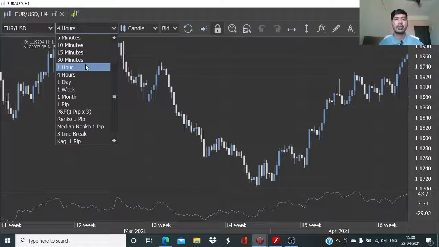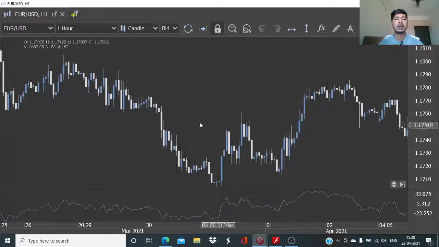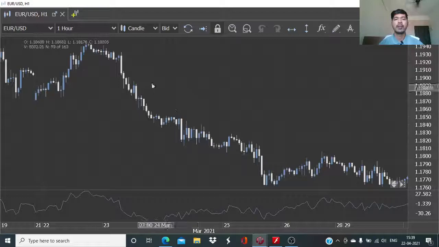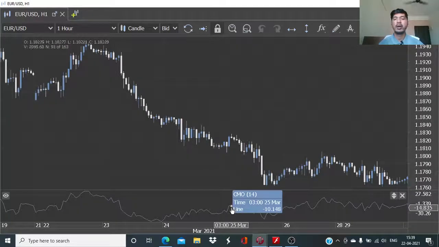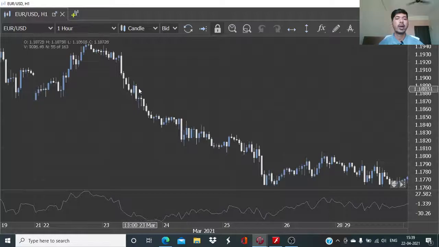After this 4 hourly condition is satisfied, we look for the hourly time frame requirement, where the initiation of the trade will happen only when the CMO value dips below 0 from above 0.